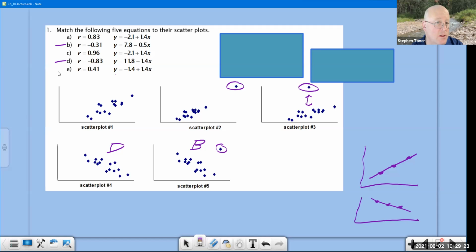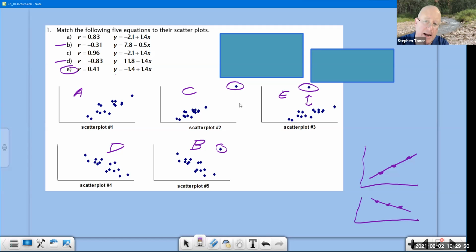So it's going to have the lowest value of the remaining choices, which will be E, a 0.41, and these other 2 graphs are both about the same, except we have this point in the top right corner, which is going to be called a potential influential observation point in a moment, but that actually makes the regression line closer to +1, and so that would be C, and this one here would be A.